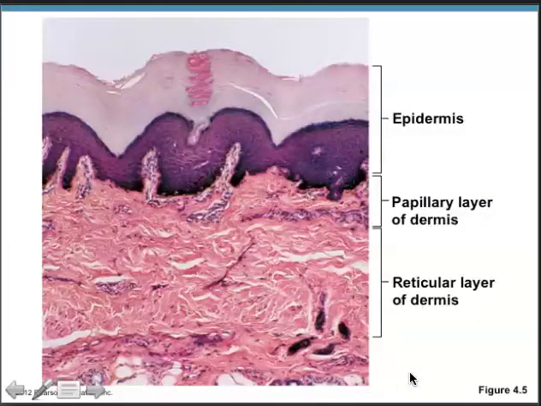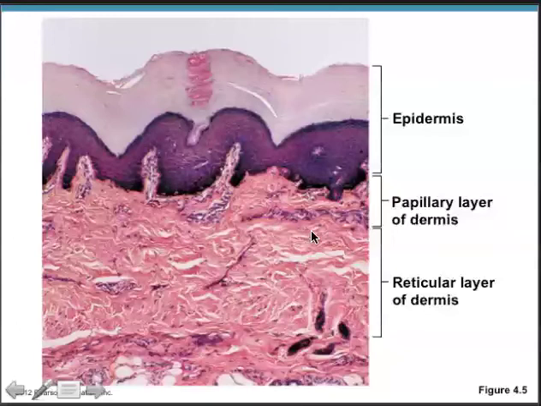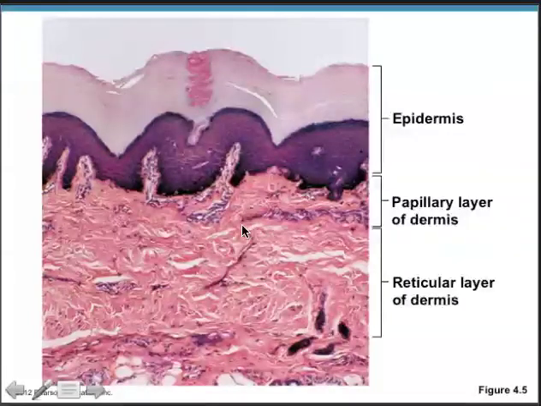Notice that the papillary layer lies just below the germinative layer. That's the germinative layer I'm tracing right there. And the reticular layer lies just below the papillary layer. And both of these layers are, of course, dominated by connective tissue. Okay, you can see the arrangement of extracellular fibers, and if you look closely enough, you can pick up the connective tissue cells, the fibroblasts that secrete this matrix.